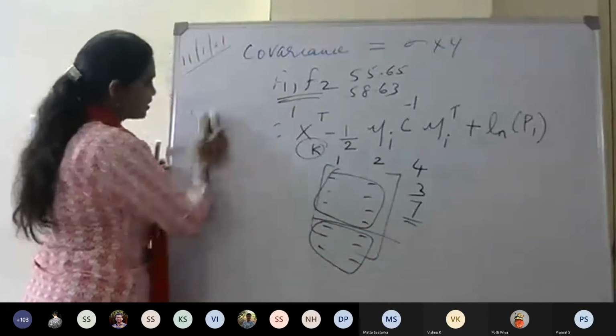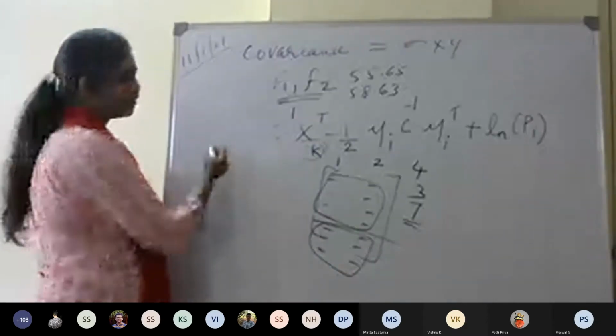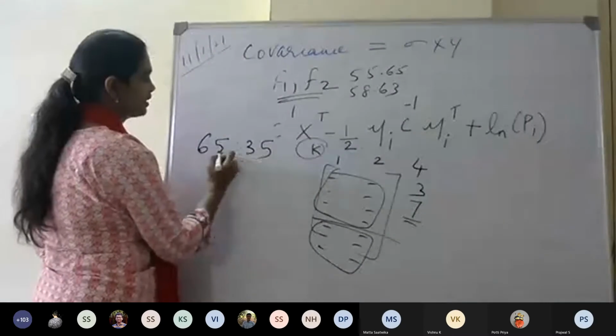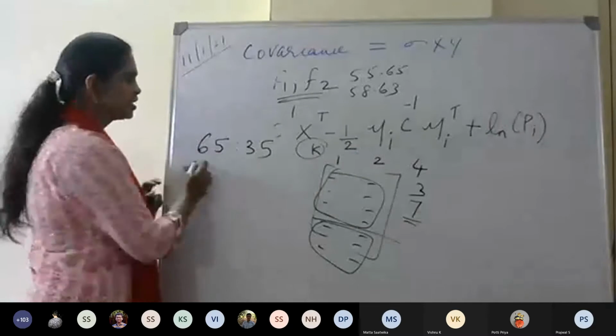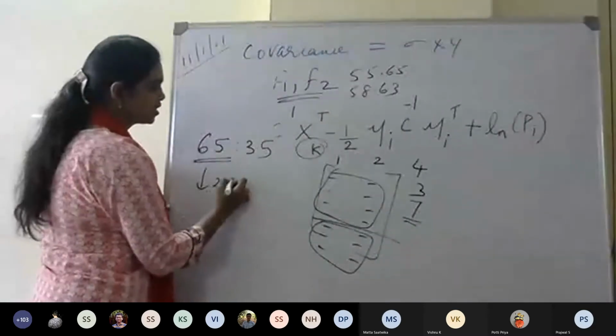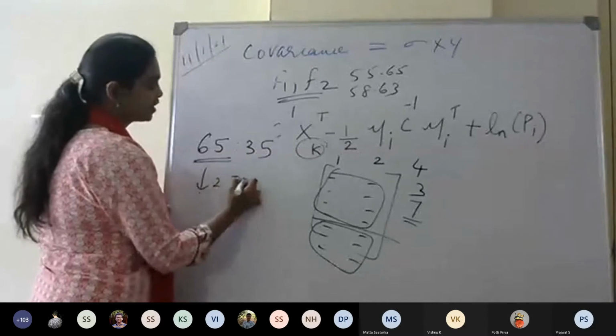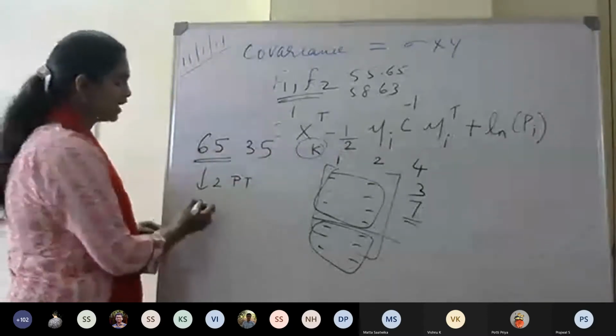So only when the class committee chair approves this, I can confirm to you. But we are planning to have 65:35, 65 for internal and 35 for the end semester. So out of 65, we will have two periodical tests, T1 and T2, each of 10 marks weightage.